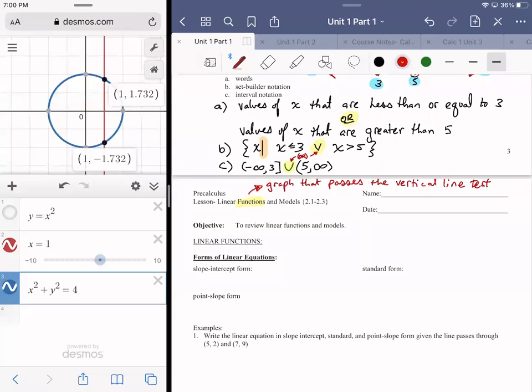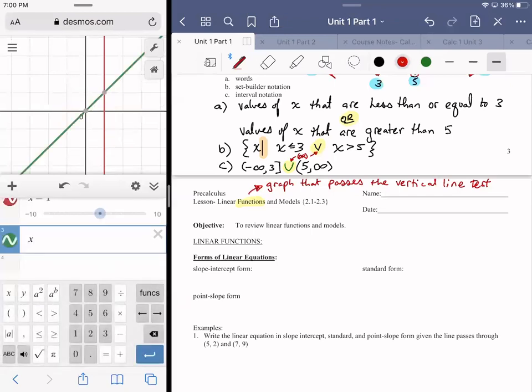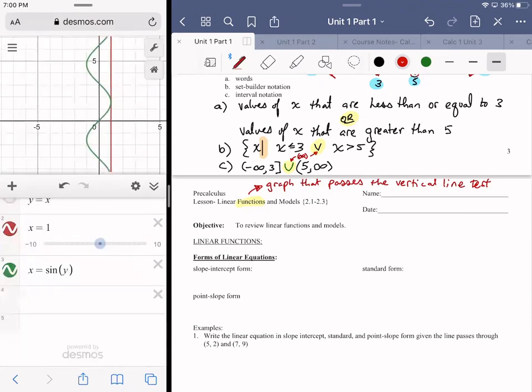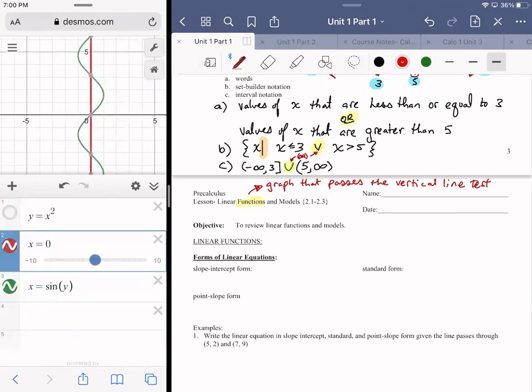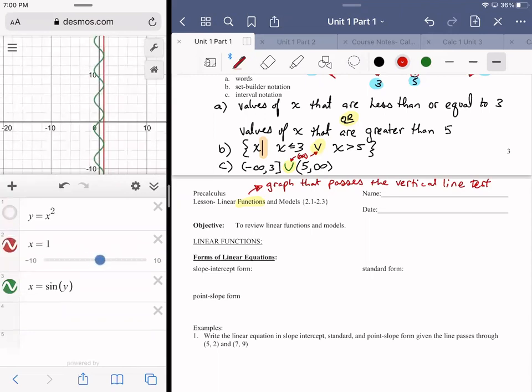All right. Now, if you get something really kind of crazy, let me see if I can. I'm not sure if Desmos will do this, but I'll try it. x equals... yeah, there we go. Do a sideways trig function. You can see here that you'd have infinitely many intersections.